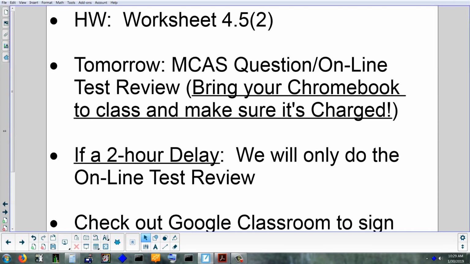That way you can do the in-class review tomorrow. So before you come to class tomorrow, sign up for Big Ideas Math. Use your Monitech username and password to get onto it. It'll give you a class code. The class code's on Google Classroom. So before class tomorrow, go on to Google Classroom, follow the information, and it'll sign you up for Big Ideas Math.